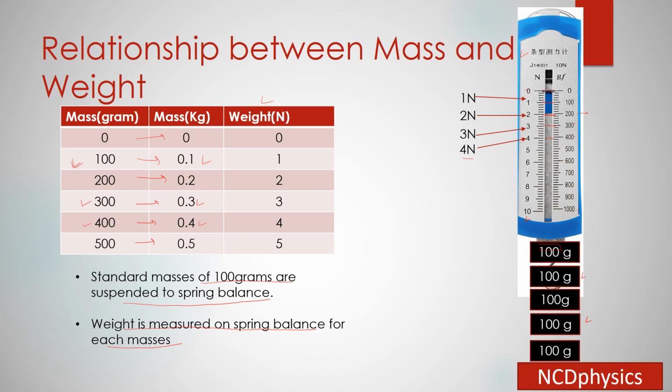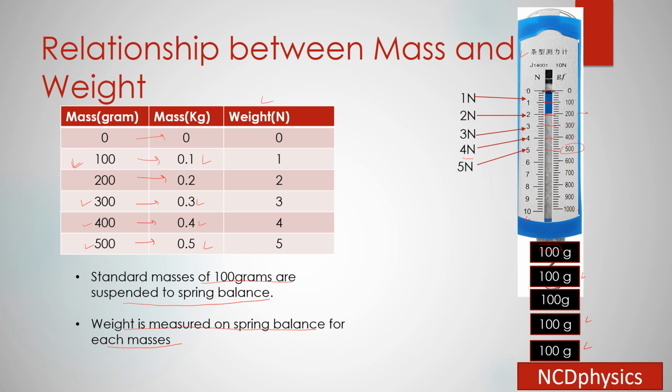Then I add 100 more. Now I have 500 gram, total 0.5 kilogram, and the weight of 500 gram is equal to 5 Newton.